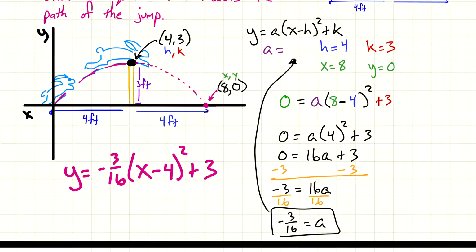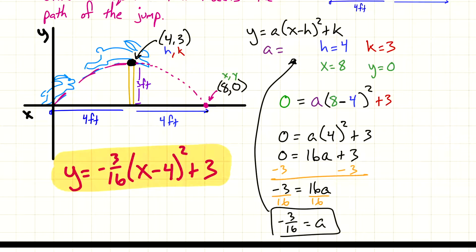You'll notice we've put in our a value, here's our a value, here's our h, and here is our k value. We're leaving x's and y's, they need to stay there if we're going to have a correct equation. So this is what we're trying to do.